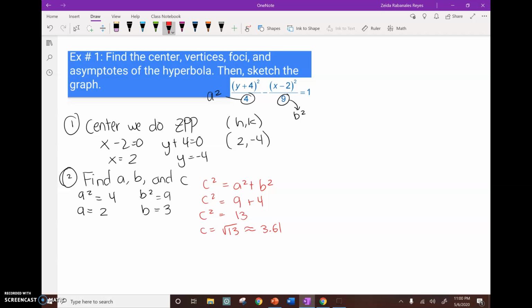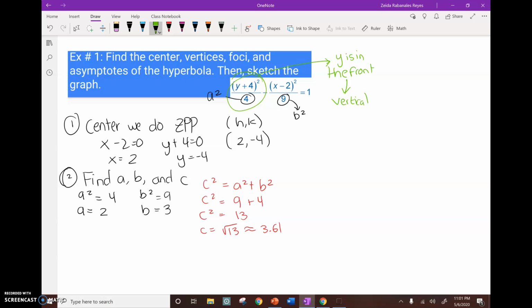Alright, then after that we have to figure out if this is going to be a vertical or a horizontal hyperbola. This is also different because since the y is in the front, that means I have a vertical hyperbola.